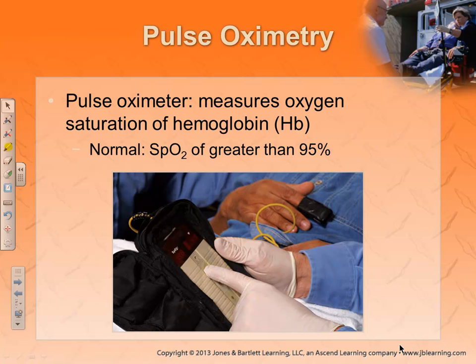No. Because it's just measuring the amount of saturation on a particular hemoglobin, right? The example that I use is, say it takes 10 hemoglobin molecules to adequately perfuse the body. I'm anemic and I only have 5. But all 5 of those hemoglobin molecules are 100% saturated with oxygen, so they're all full.